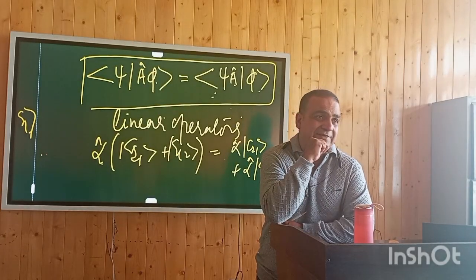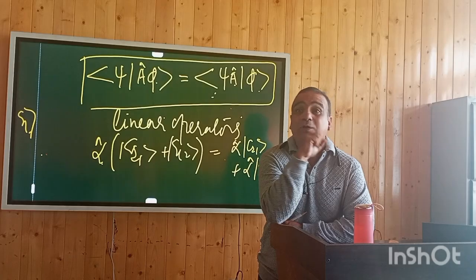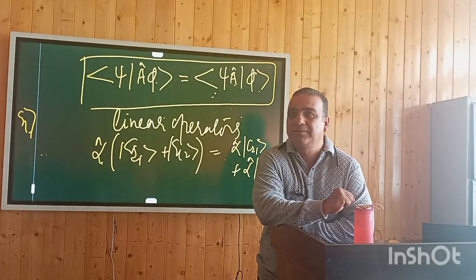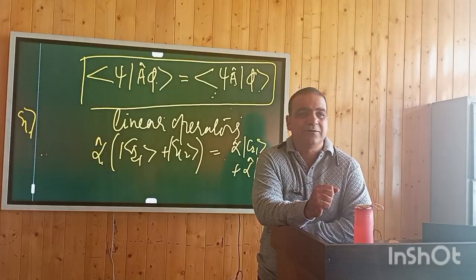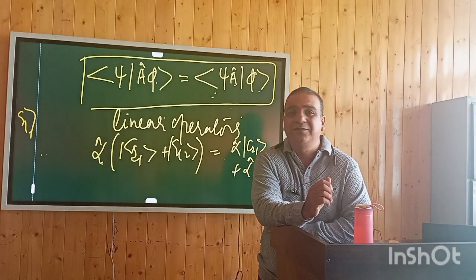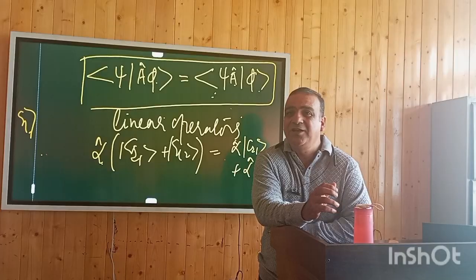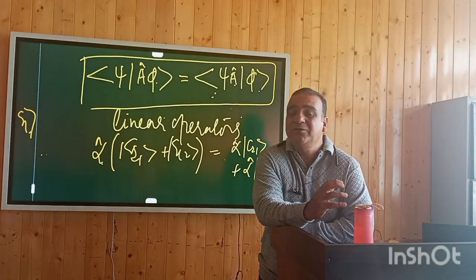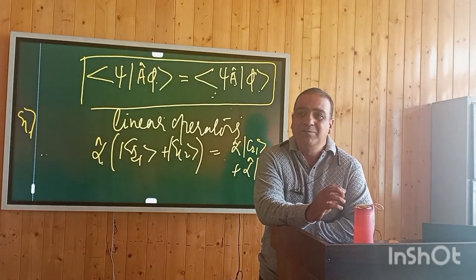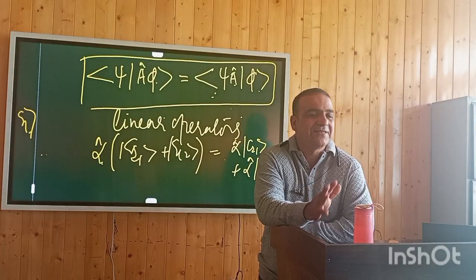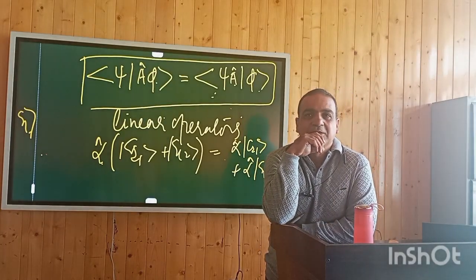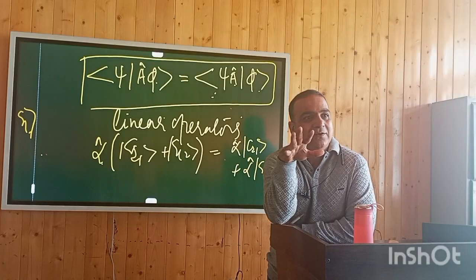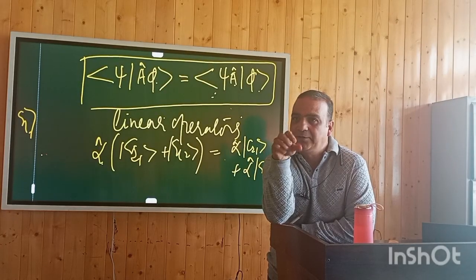What are these observables? The measurement of position, momentum, kinetic energy, potential energy, impulse, velocity, acceleration. So in classical physics, we have observables.